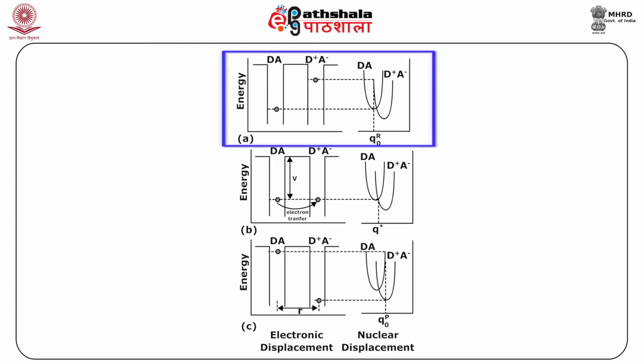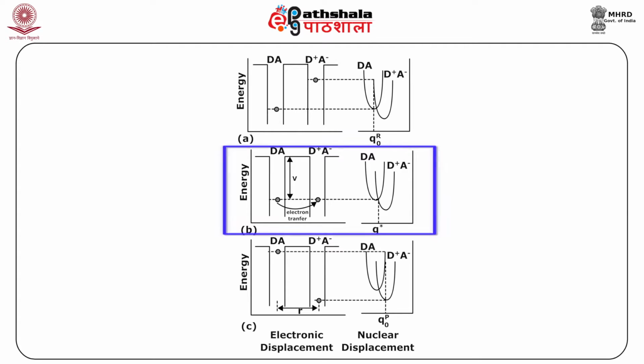You can see in figure A the reorganization of the nuclei to a configuration represented by Q star in figure B. The electron transfer becomes energetically possible because the uppermost occupied electron level of DA and the lowermost unoccupied electronic level of D plus A minus become degenerate.